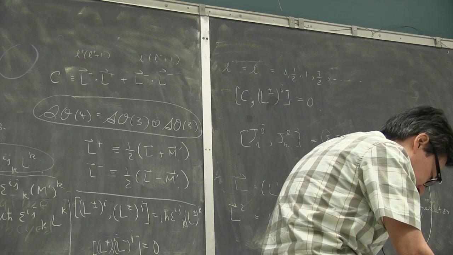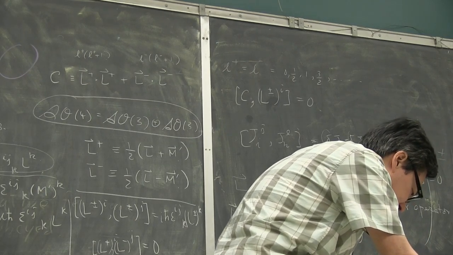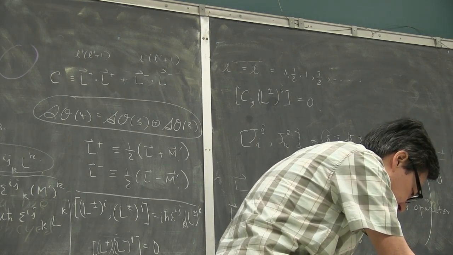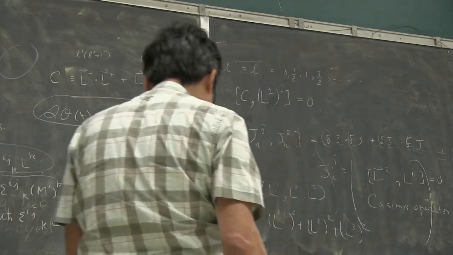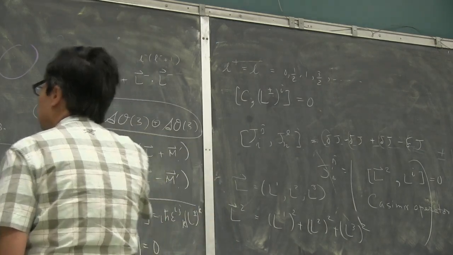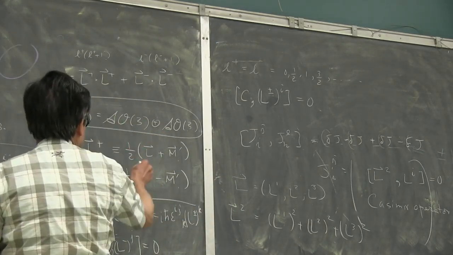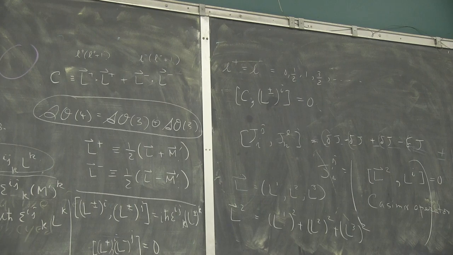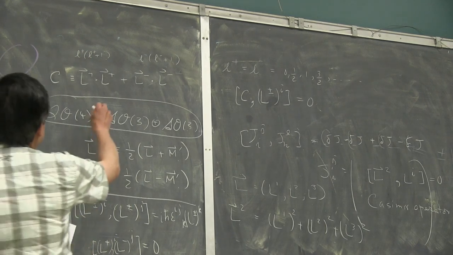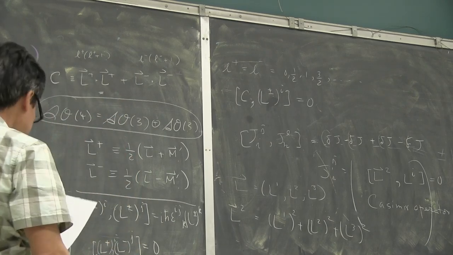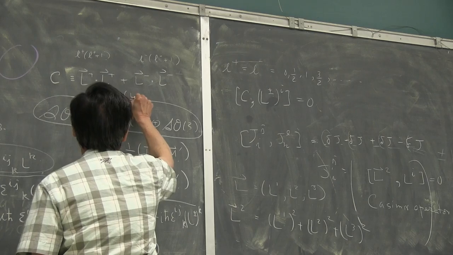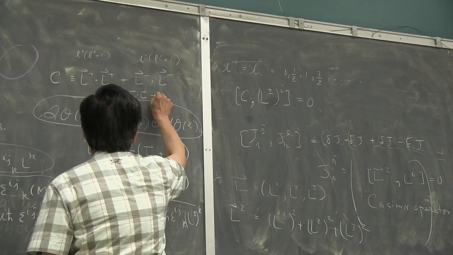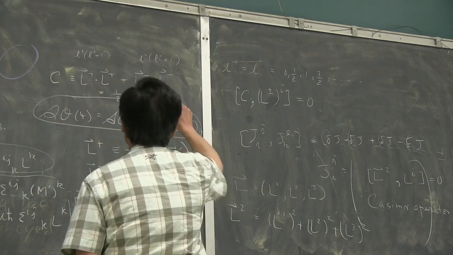All right. Now we next show that, using the definitions of L plus and L minus as given by this set of equations, you can write an alternative expression for C, the Casimir operator for SO(4), which is in fact equal to 1/2 (L dot L plus M prime dot M prime).